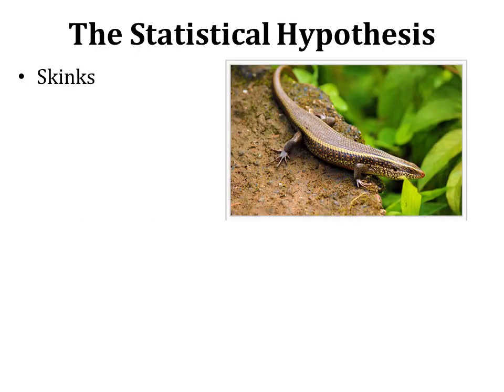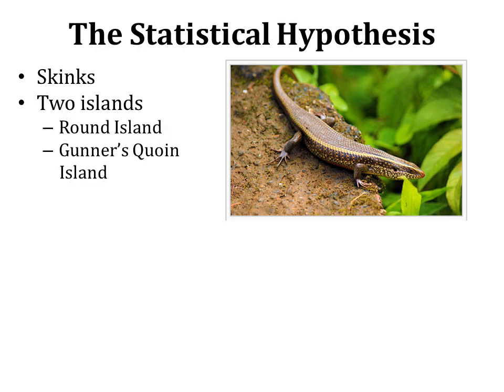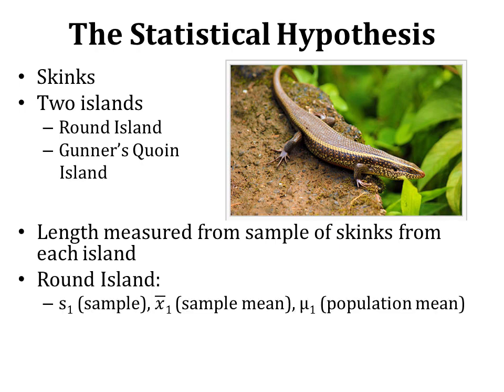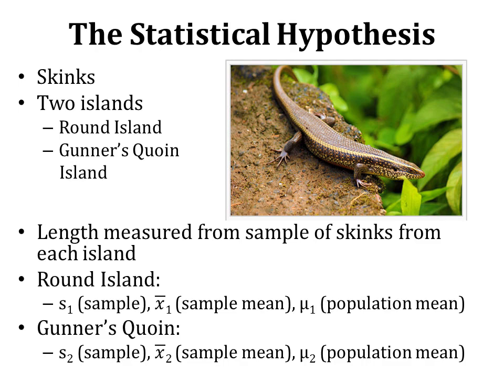So we are taking the example of skinks, which are lizard-like animals, and the skinks were taken from two islands, Round Island and Gunner's Queen Island, and the length was measured. So the length of skinks was measured from two samples, one sample from Round Island and one sample from Gunner's Queen Island. And these are the symbols that we are going to use for these two islands.